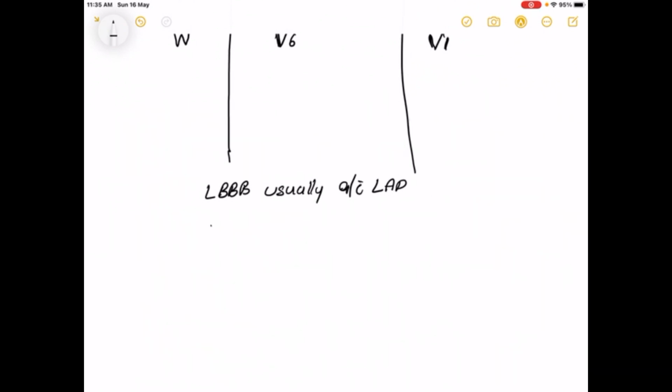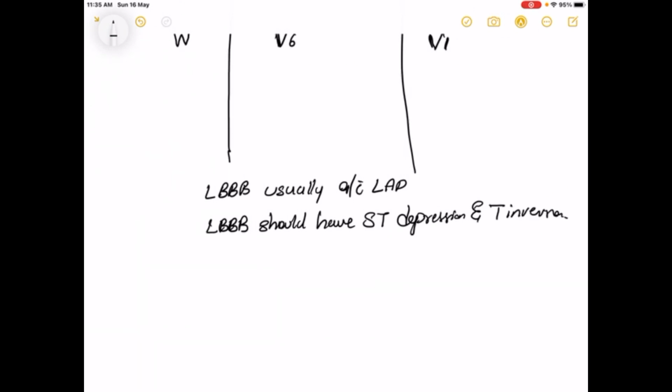And left bundle branch block should have ST depression and T wave inversion. If there is no T wave inversion, then it is suggestive of MI with left bundle branch block.